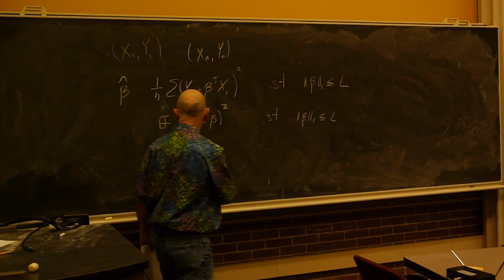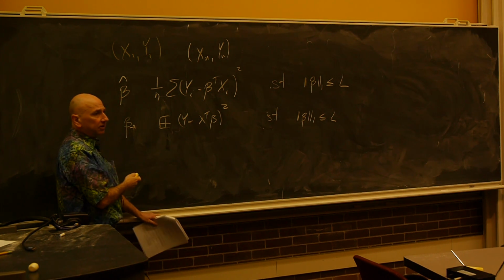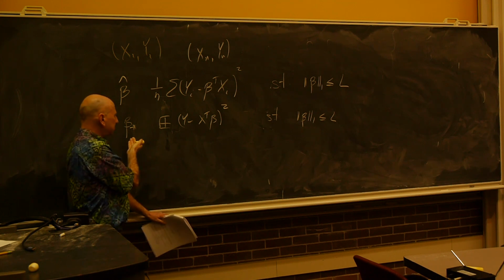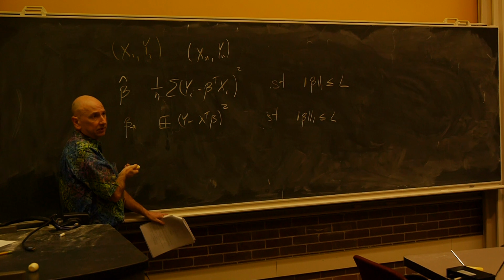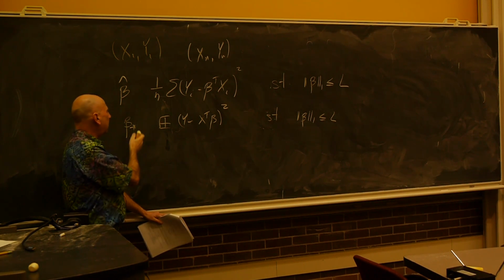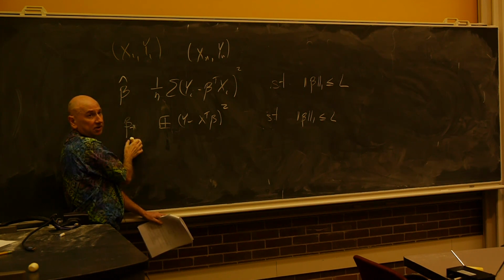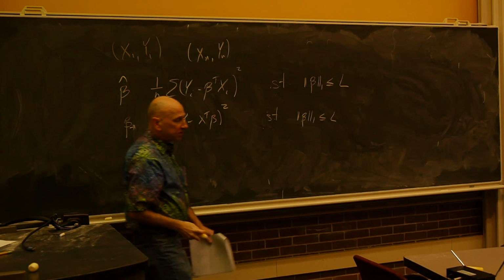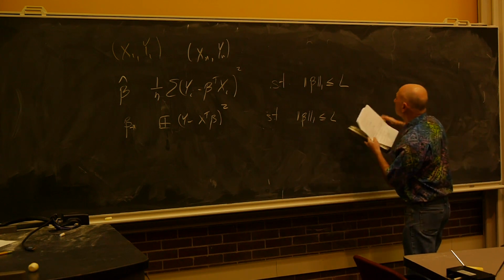This is the population lasso estimator, so I'll call that beta star again. And again, just think of it as, in some sense, the best sparse linear predictor. And what I really want to know is, how well can I predict using this compared to how well can I predict using this?